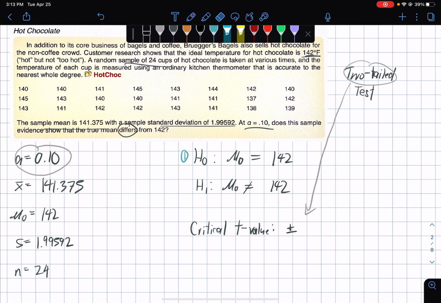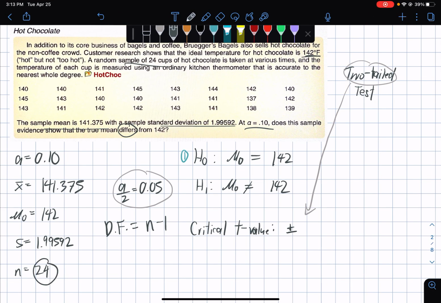You don't use the a because this is a two-tailed test, it's a over 2, not just a, so it's 0.05. Your a is 0.05, and you have to look for the degrees of freedom, the df, which is basically n minus 1. Sabihin natin n natin is 24 minus 1 is 23.